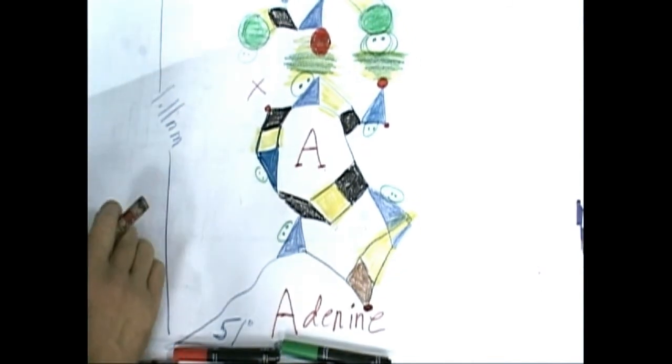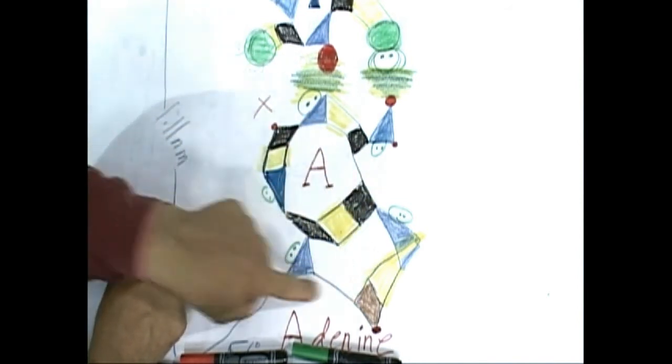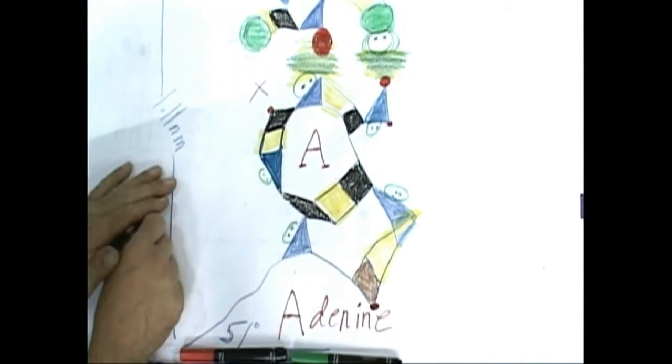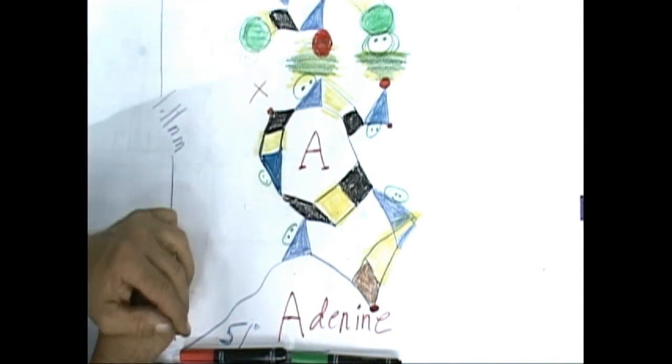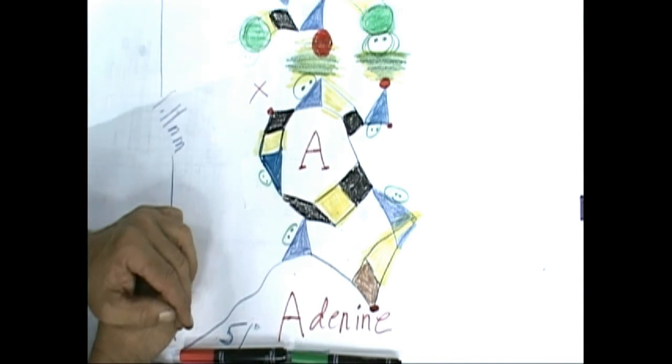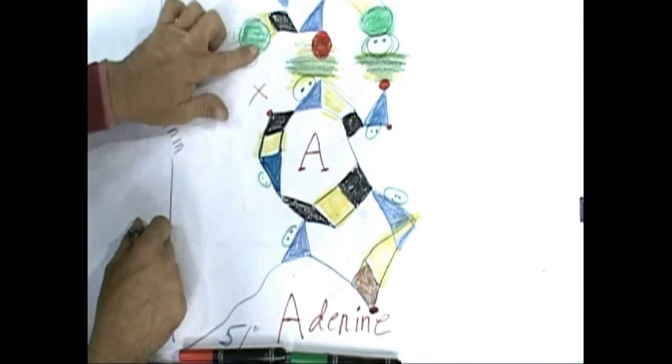Now, due to the color coding, we're able to distinguish different carbons in these rings. I mean, come on, this is DNA, kids. This is adenine. It doesn't get any more fun than this. We look here and we wonder why that doesn't get a hydrogen bond.